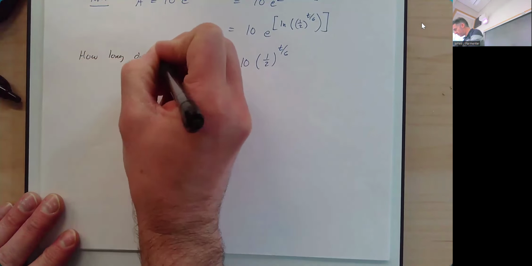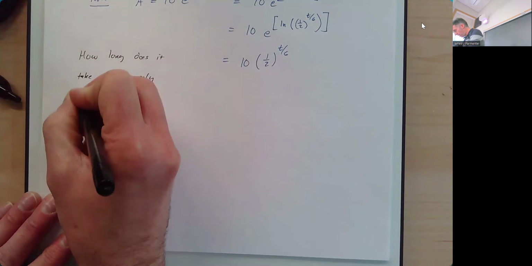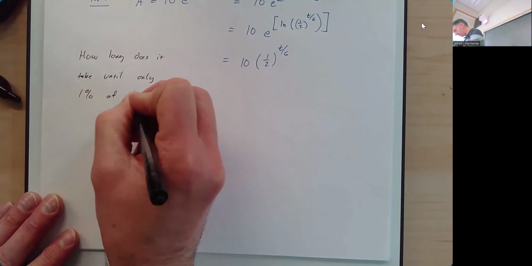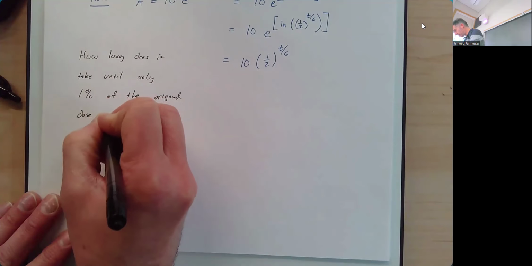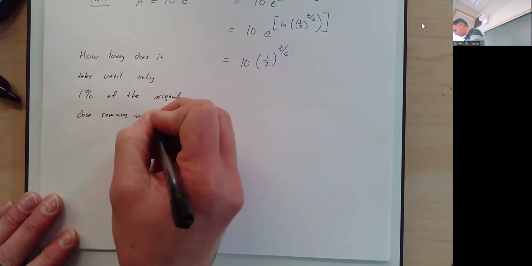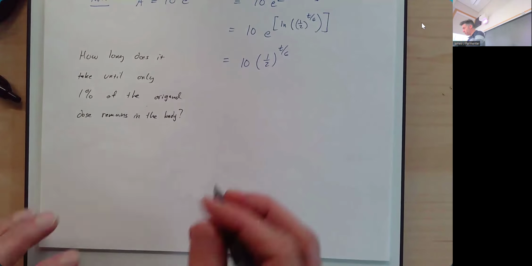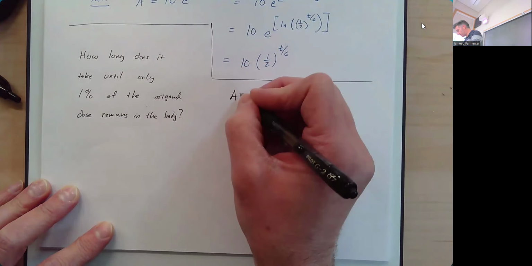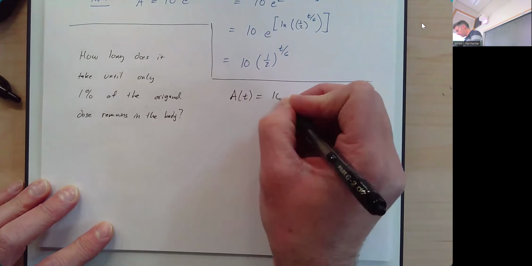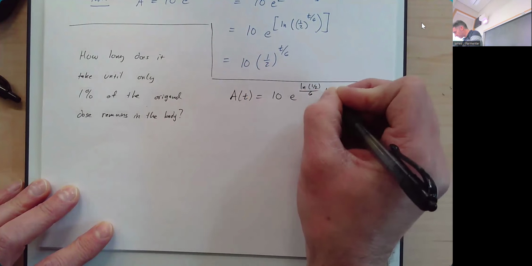So the first question here was how much stuff is there at a certain time, 8 hours, but we could also ask the other kind of question, like how long does it take until only 1% of the original dose remains in the body? Okay, so we're still going to use our model. The amount of stuff at time t was equal to 10 e to the natural log of 1/2 over 6 times t.